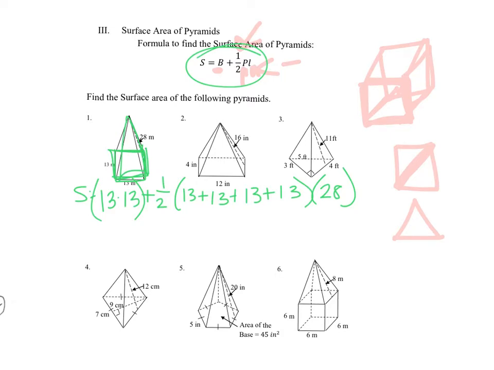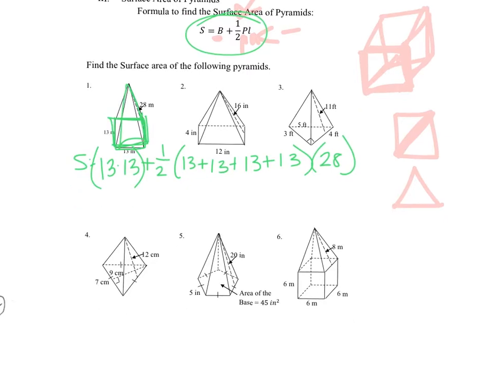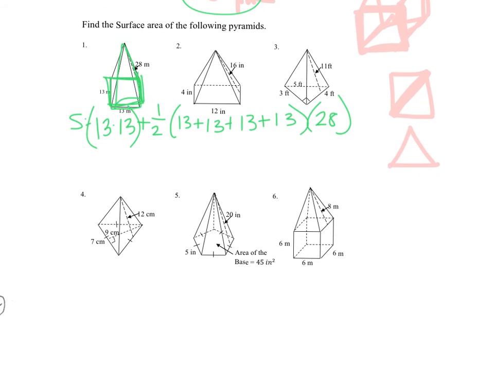So you're going to solve this the way we solve all of our other problems, following the order of operations. So the first piece I'm going to do is this 13 times 13, which is 169, plus 1/2 times, and then I'm going to add all these 13s together to get 52, and then that times 28.